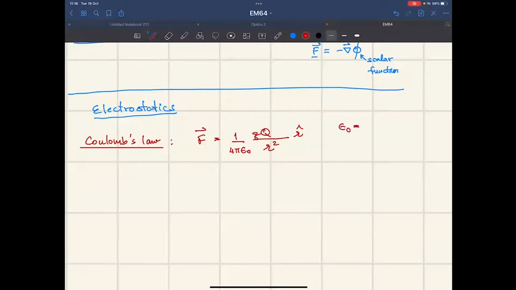Epsilon naught is the permittivity of free space, equal to 8.85 times 10 to the minus 12 Coulomb squared divided by Newton meter squared. F is the Coulomb force in Newtons.